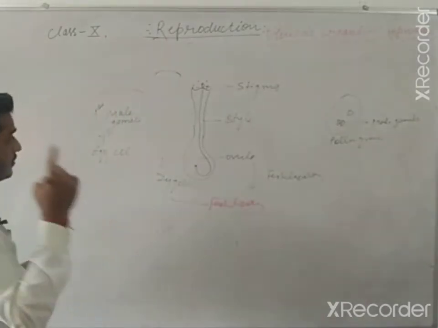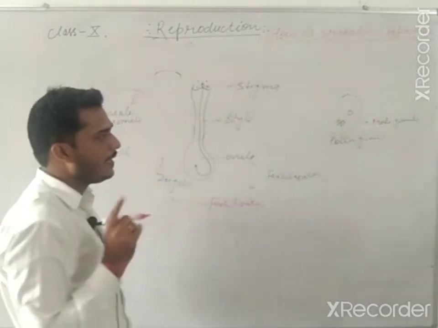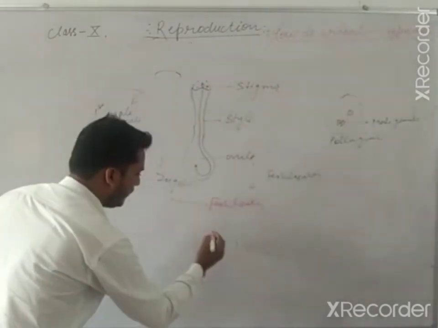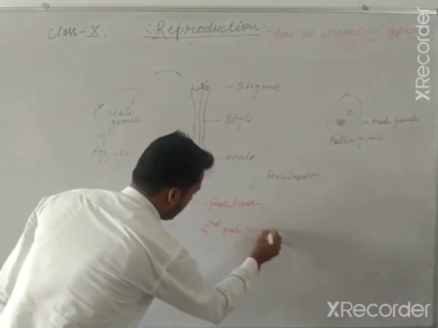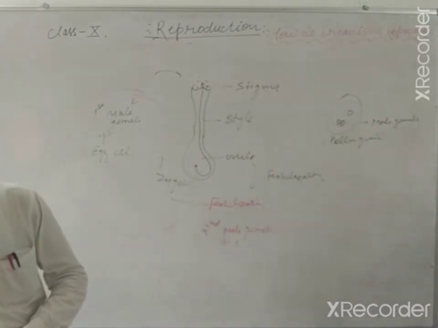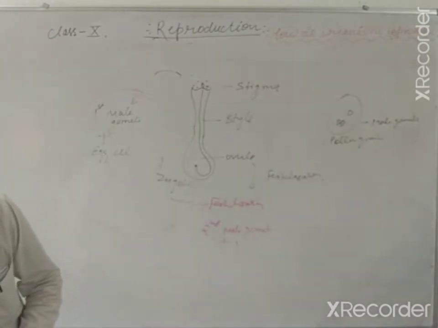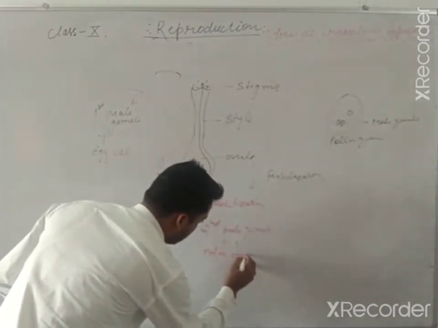The second male gamete combines with your polar nuclei.